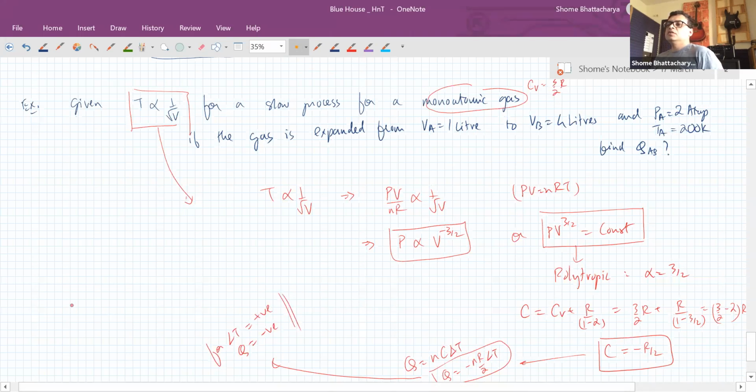Remember that Q is equal to delta U plus W. Now if delta U is a positive quantity but Q is a negative quantity, that means W is a very large negative quantity. So the work done on the gas is very large.